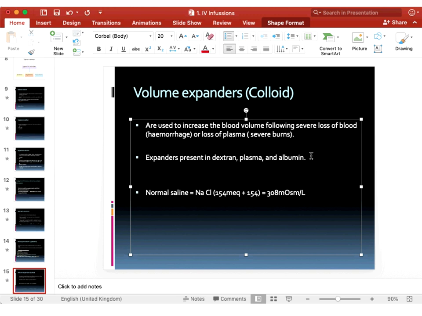Or if you're losing blood clotting factors, then you use fresh frozen plasma. We're going to see that further ahead, not just now. So in terms of classes, volume expanders are not used, and you're not going to use them. This is just for you to know that they exist, and in the past they were used a lot.